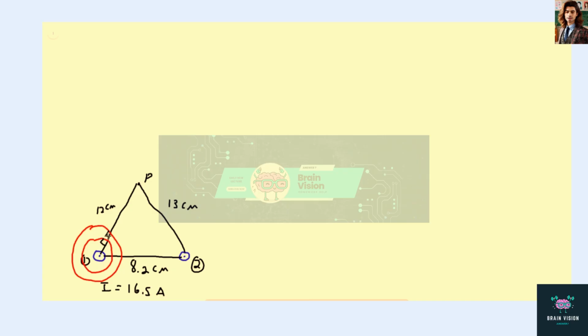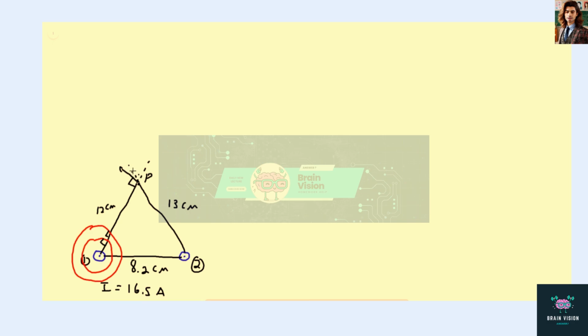So that should be a right angle everywhere. And so that tells us then that if we extended out these lines a little bit, then the field from wire 1, which I'll call B1, is going to be making a right angle right here with respect to that line. So that's a right angle.